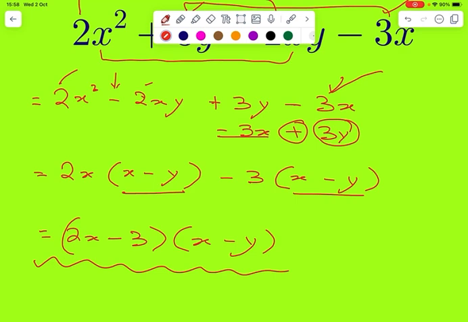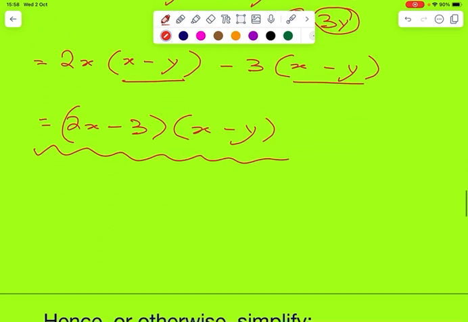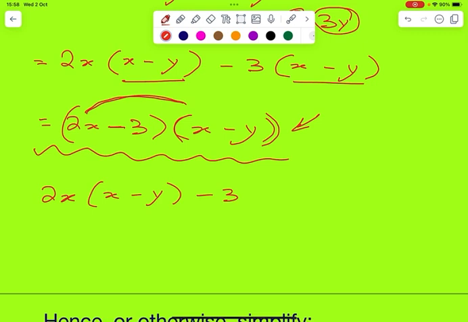In your lower secondary, in Sec 1, you realize that if you want to expand this expression, you will do 2x multiplied by the whole chunk inside this bracket, so that means 2x bracket x minus y, and minus 3 times the whole chunk x minus y.